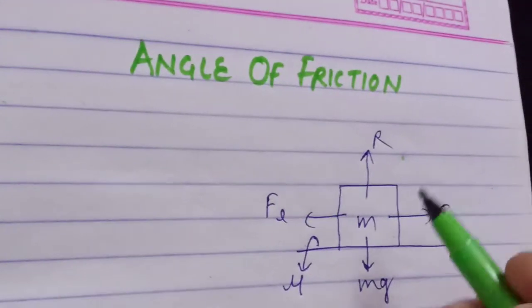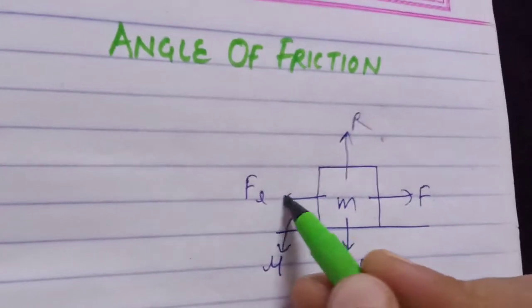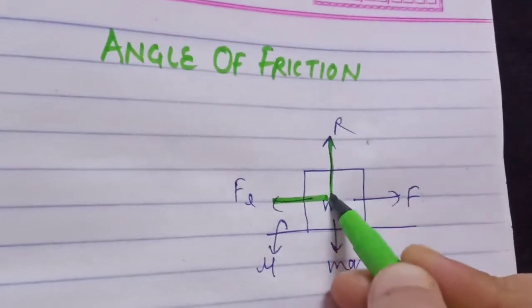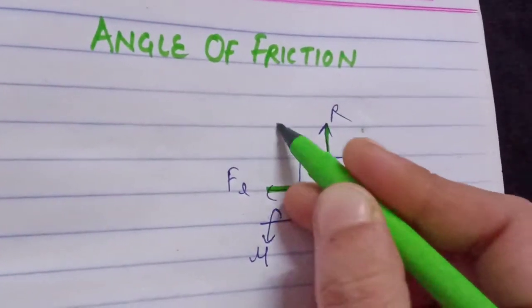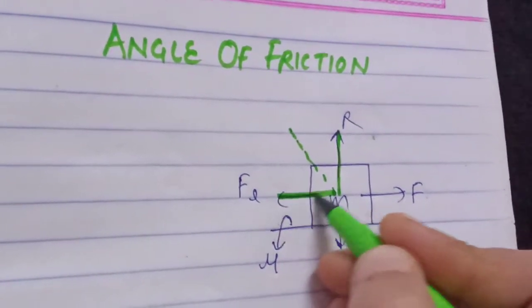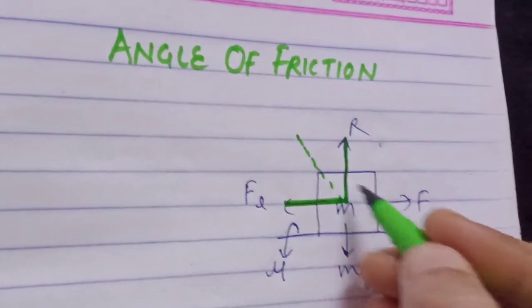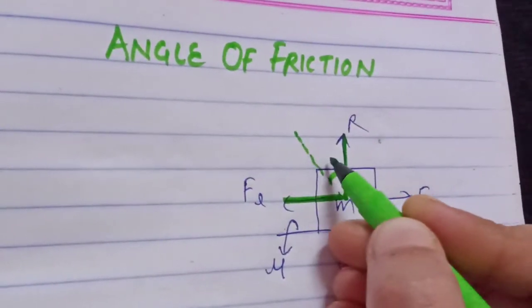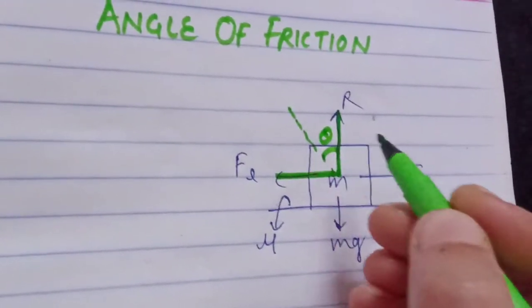So the angle which is the resultant of the limiting friction and the normal reaction makes with the normal reaction, this is the angle of friction.